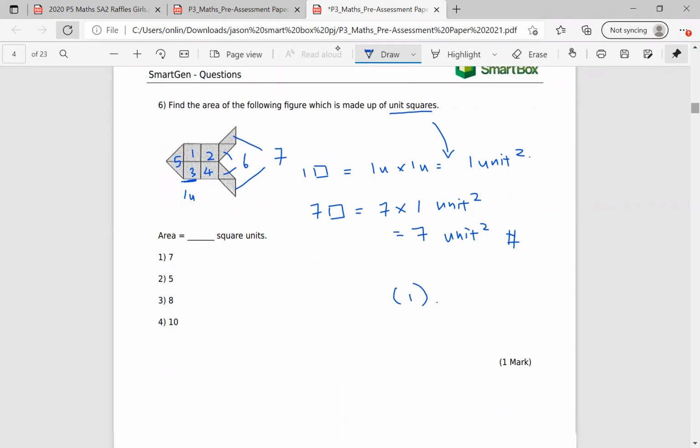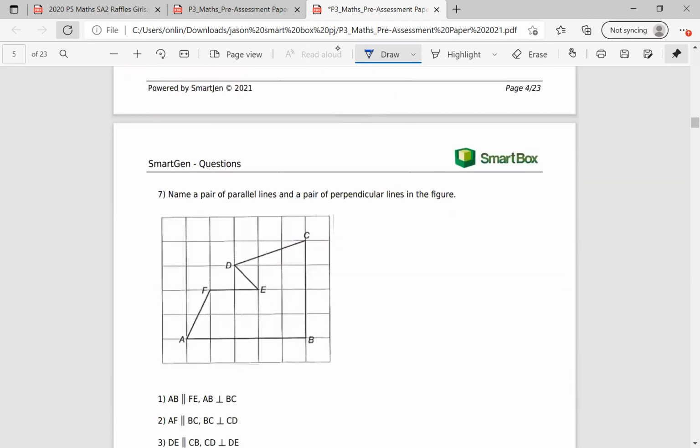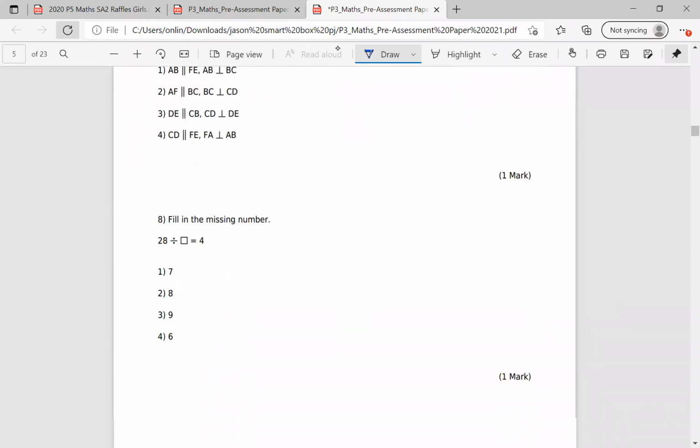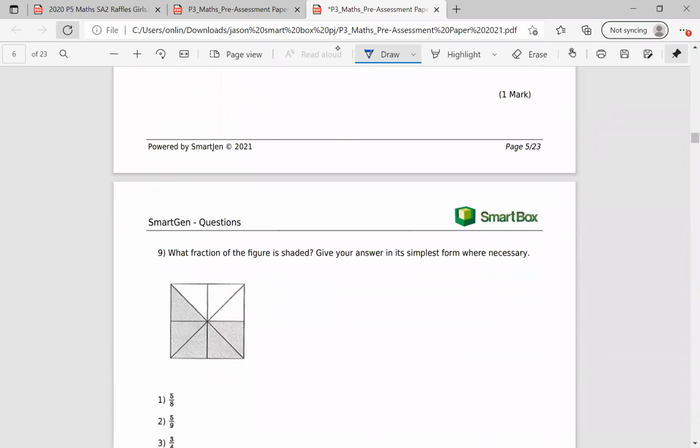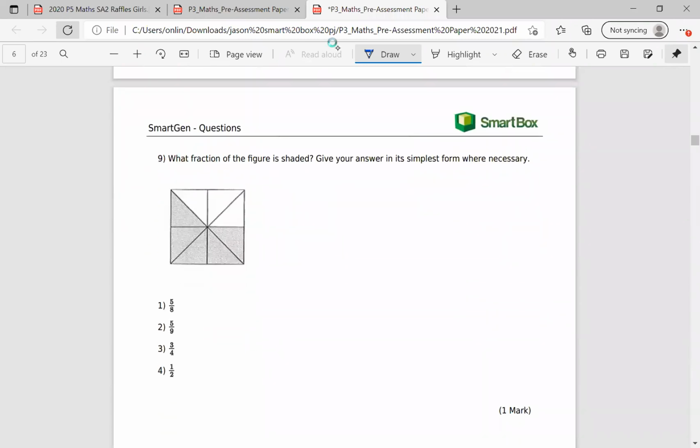And then moving forward, we're going to move to the next question that some students actually have problem with. So I'm going to go to fraction questions. I realize that most students actually have more problem with the fractions questions. This question is asking what is the fraction of the figure shaded. So we're going to count how many of the same shapes there are here.